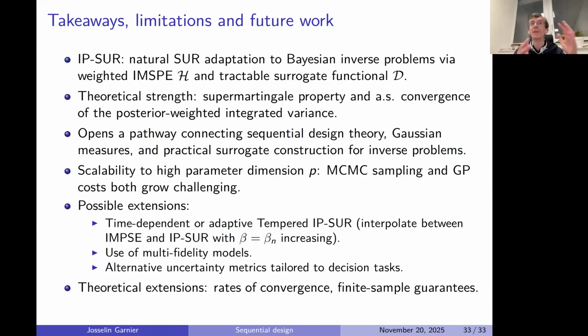So how do you allocate the budget optimally in this case? And of course, once you have discovered this relation with the martingale theory, you can use the whole theoretical framework and derive rates of convergence and hopefully finite sample guarantees. So now you are free to open your favorite book about martingale theory and use all the theoretical results.